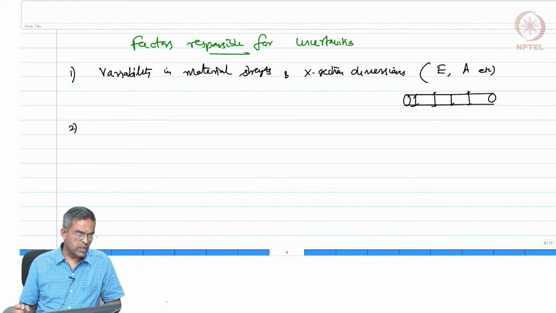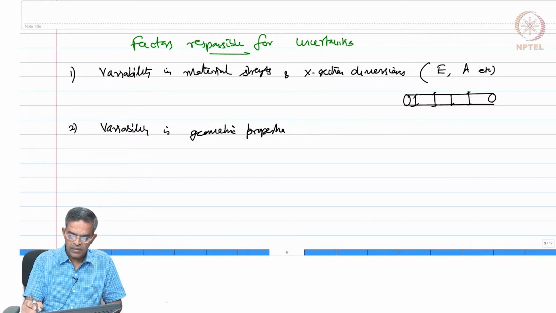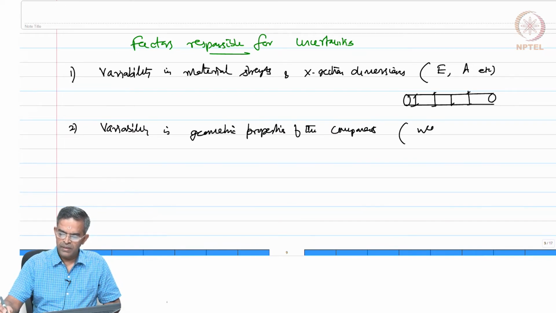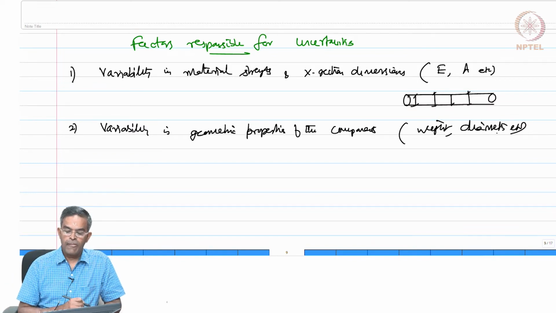The second source arises from variability in geometric properties of the components. It may be arising from weight, diameter, etc. Okay.